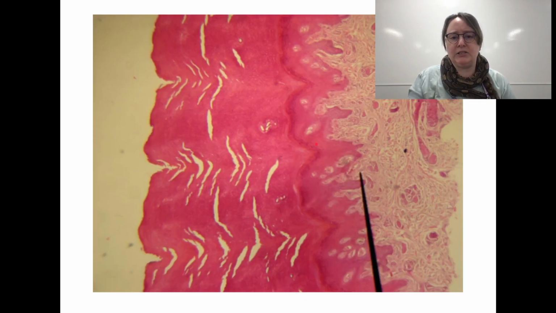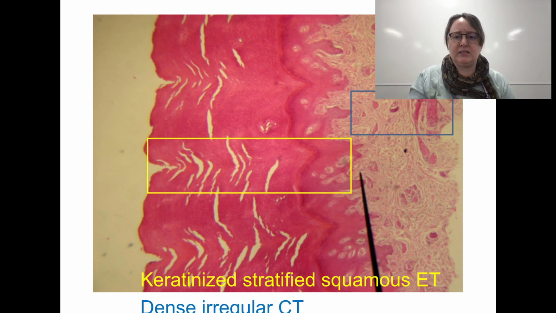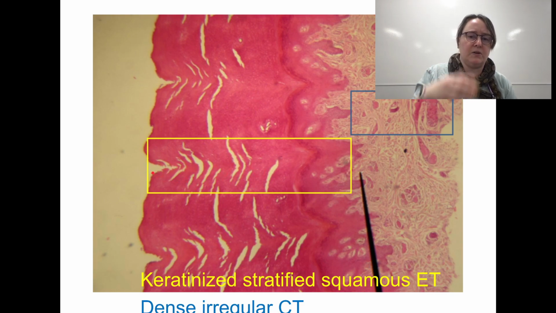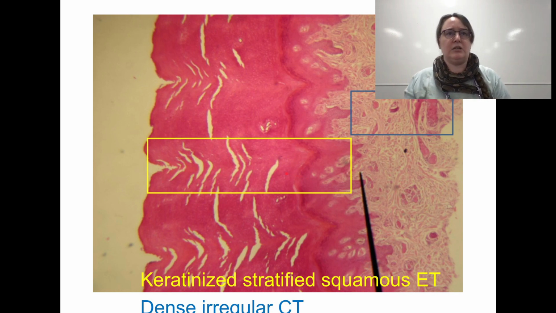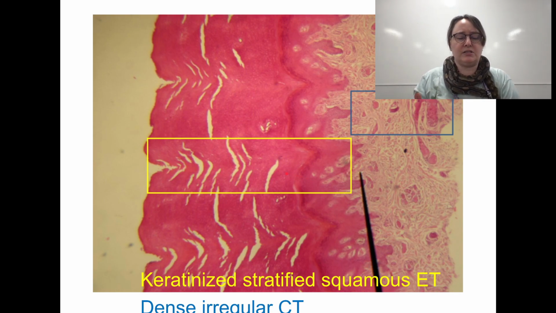Now we're getting into our friend the squamous. So this is looking at skin. This whole part right here is keratinized, stratified squamous. So this is layers on layers and layers and layers. This is what we'd see if we took a little piece of our skin out and looked at it this way. We're going to look at this in a minute in chapter 6 when we start talking about our skin.